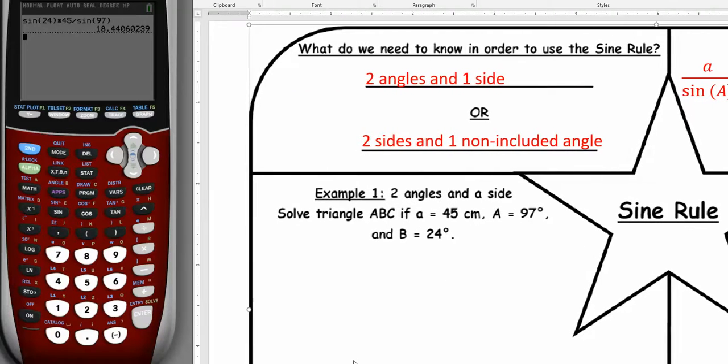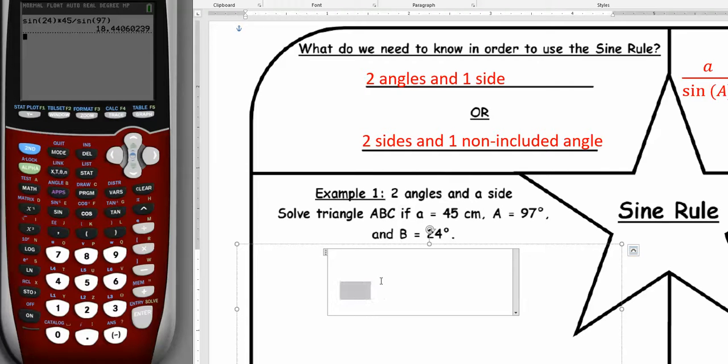So here on example 1, we've got two angles and a side, so we're going to solve for the other side. When I start off reading, I see that little a, side A, is 45 centimeters, and angle A is 97 degrees.